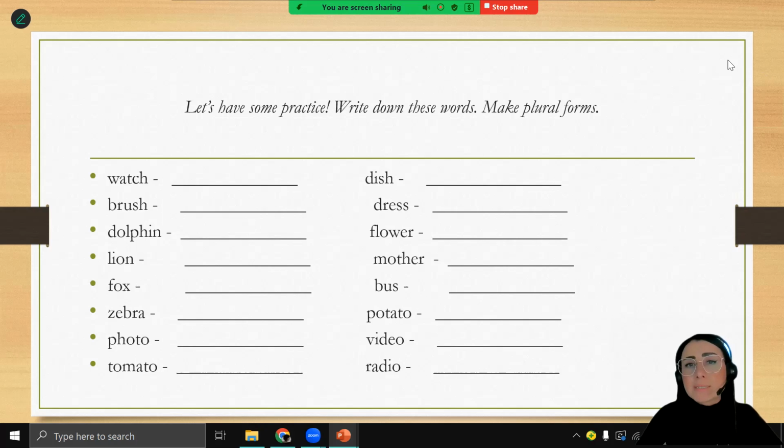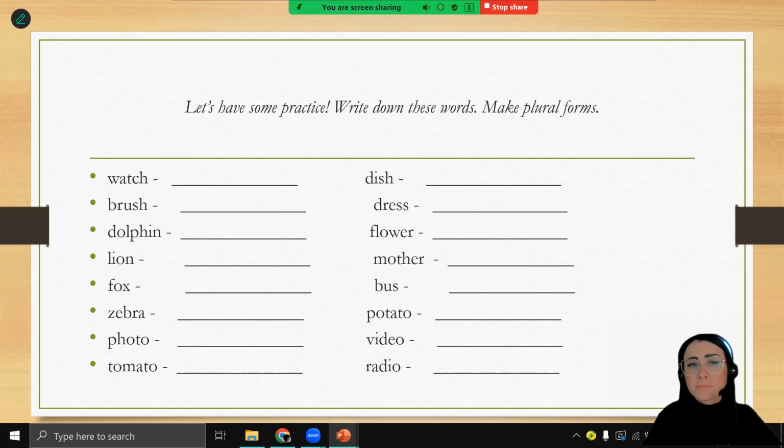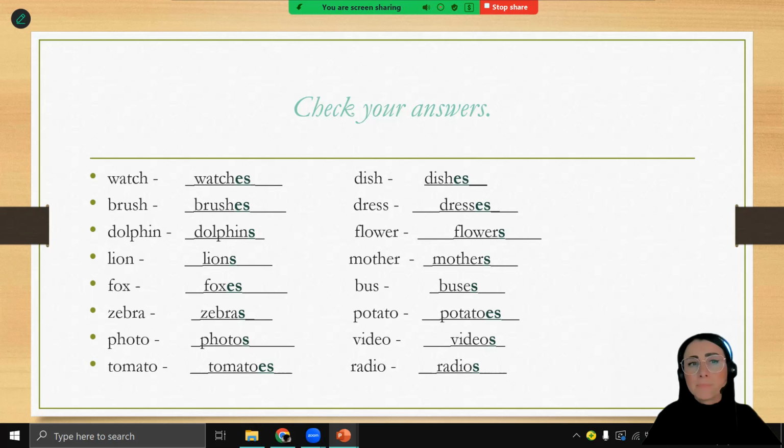Let's have some practice. Write down these words and make plural forms. Take your copybook, write down all the words in one column. Then make plural forms and check yourself. Make a pause. Are you ready for correct answers? Here they are.